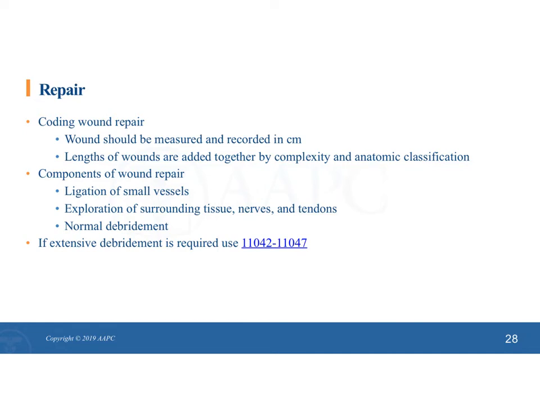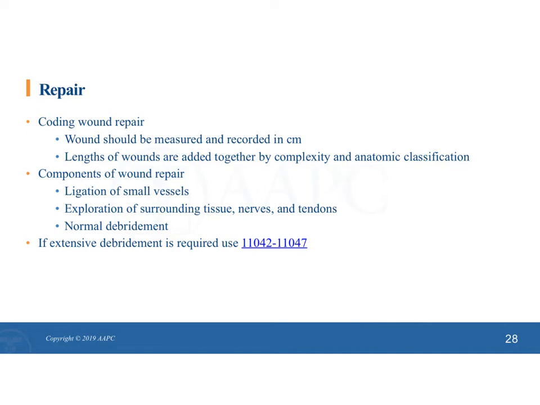So if the 2.5 centimeter wound of the scalp required intermediate repair, and the 3.5 centimeter wound on the neck required simple repair, you would report 12031 for the intermediate repair of the scalp, and 12002 with a 59 modifier for the simple repair of the neck. 59 modifier says distinct procedural service. 59 is also saying that, hey, we did 2 separate repairs of 2 different locations on the body.